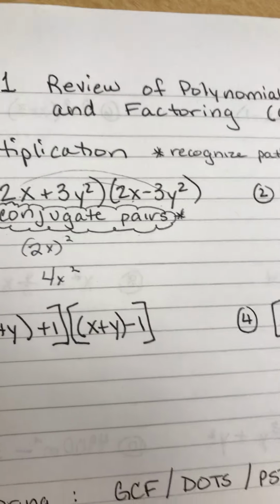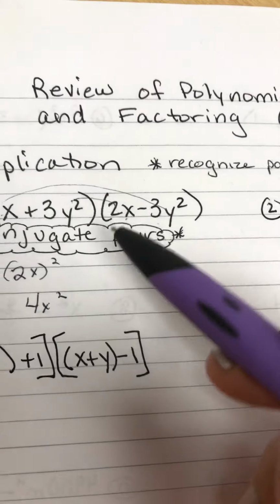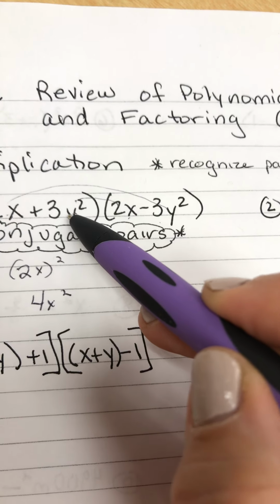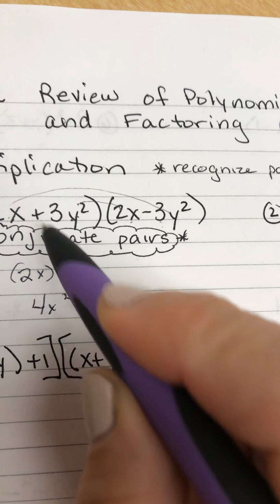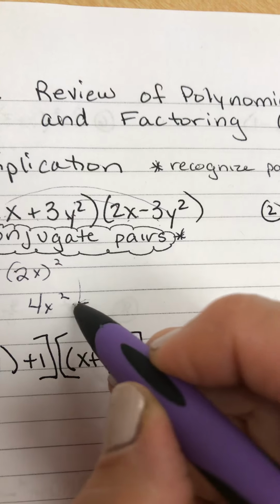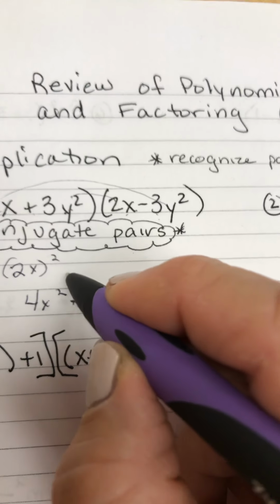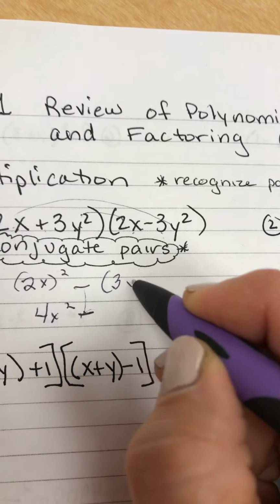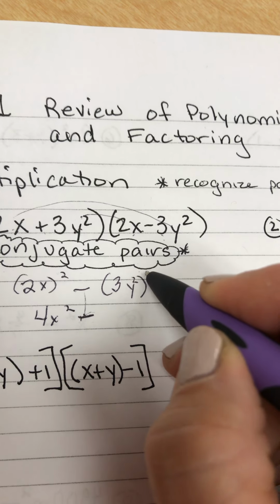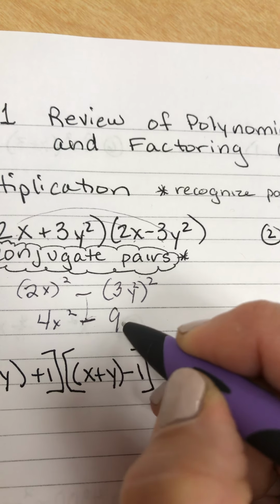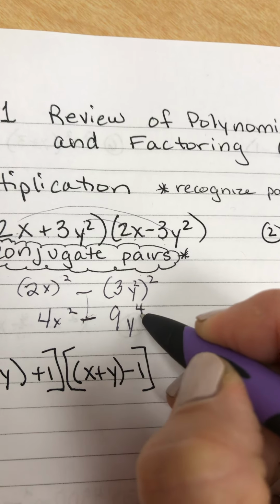They're exact opposites, so they cancel. Then just looking at the last, you'd have this times this, which, because they're different signs, is always going to give you a negative, and it's going to be that same number squared. So that's giving us our 9y to the fourth.